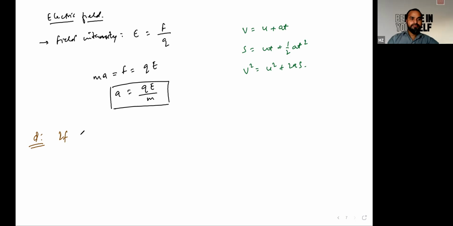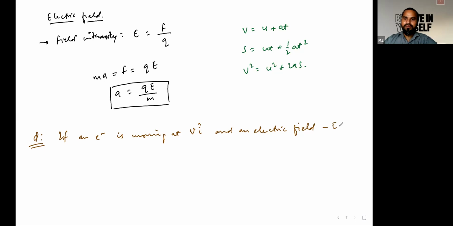If an electron is moving at v0 and an electric field of minus E0 i cap is applied, find the velocity at 2 seconds. Just try to solve using the above concept.